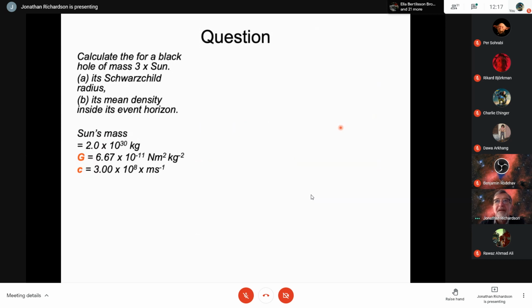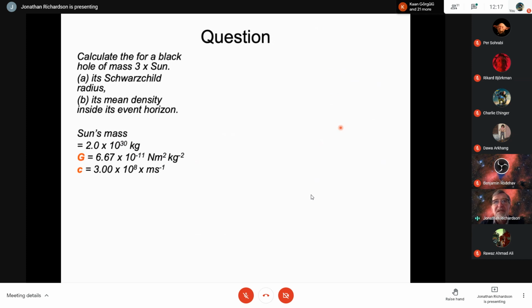Question for you to do for the rest of the lesson and by the end of tomorrow, please. Calculate for a black hole of mass 3 times the sun its Schwarzschild radius, and then its mean density inside the event horizon.